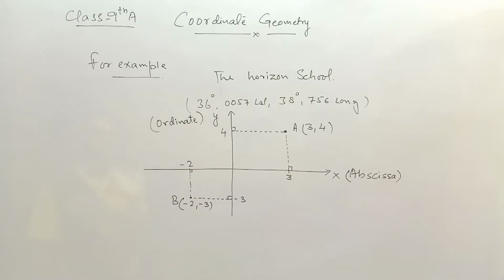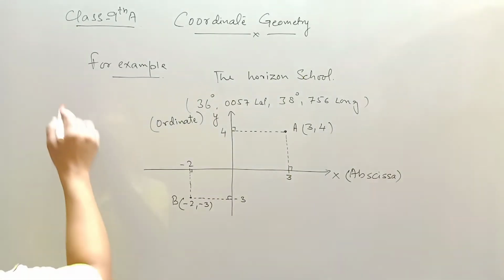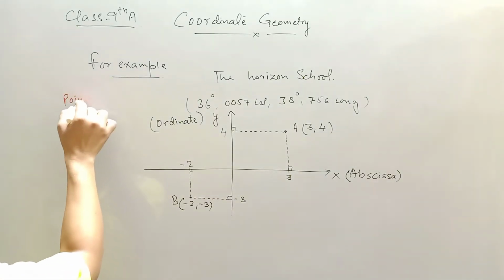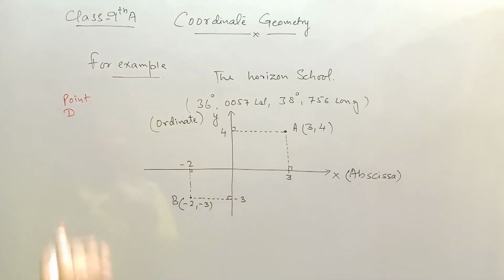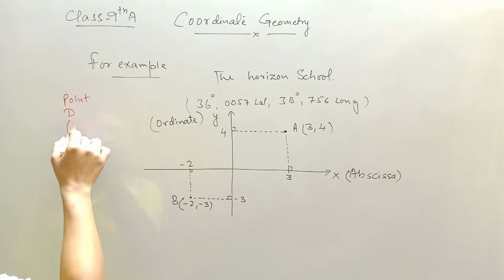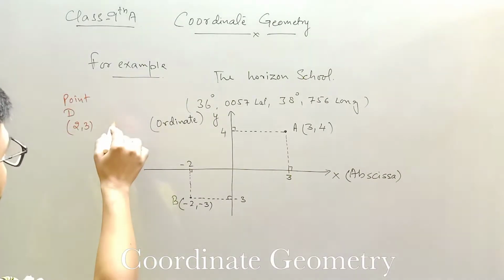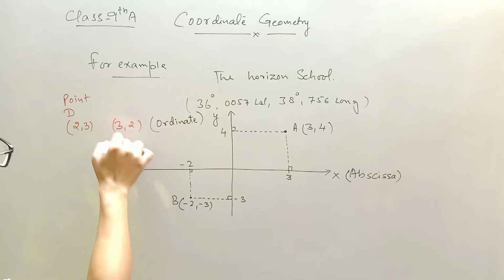One more thing is, if a point D is given to me, with coordinates 2, 3, can I write it like this, 3, 2?